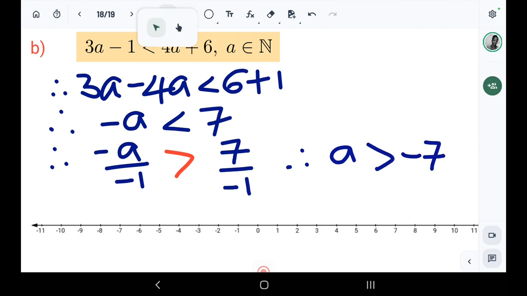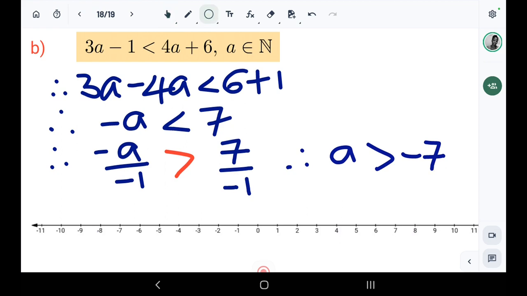And it must be an element of natural numbers. Natural numbers are counting numbers starting from 1. And they're whole numbers. So it's 1, 2, 3, 4, all the way to positive infinity, but only whole numbers. They don't include 0. So any natural number that is greater than negative 7 will have to start at 1 and not 0.